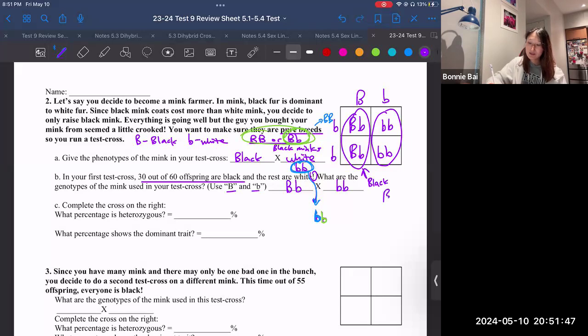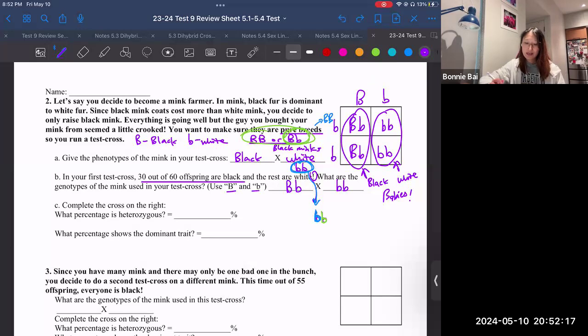Those are the babies. And then these ones are white minks. Babies. Okay, so that means my prediction is right. Going from children to parents, we know that the parent is big B, little b. And then I use the Punnett square looking at parents to children to verify that my children to parent method is correct.